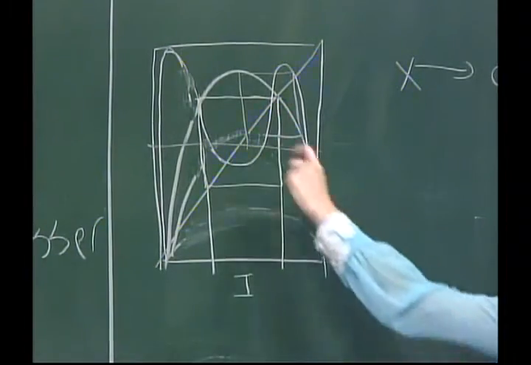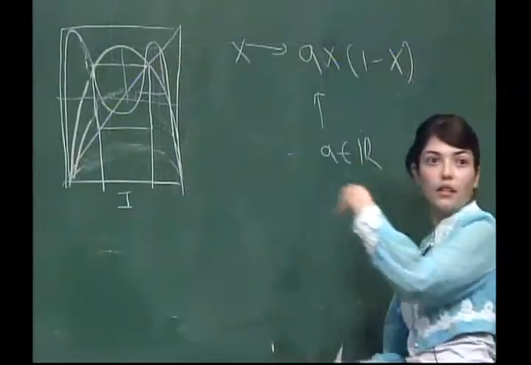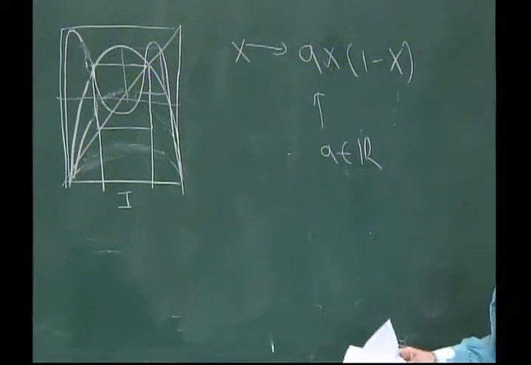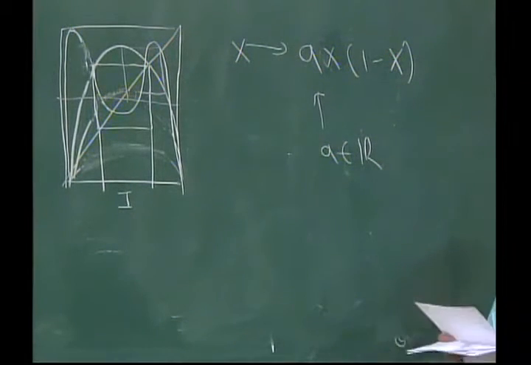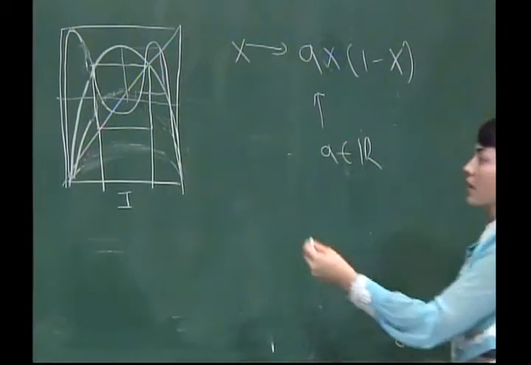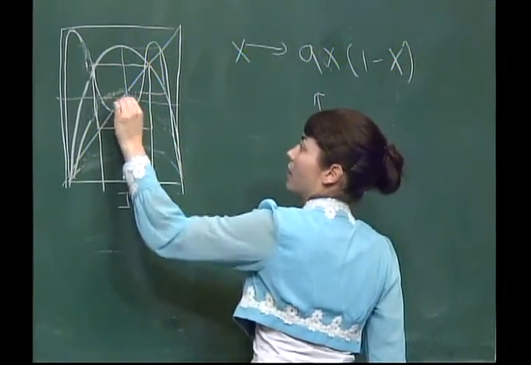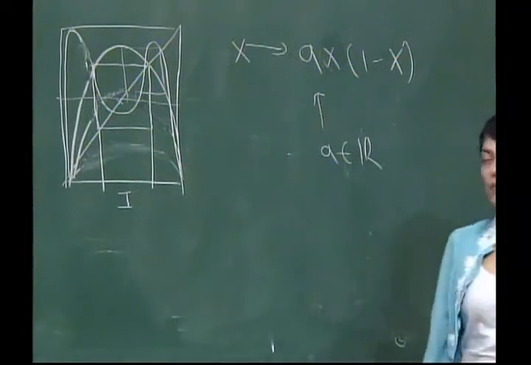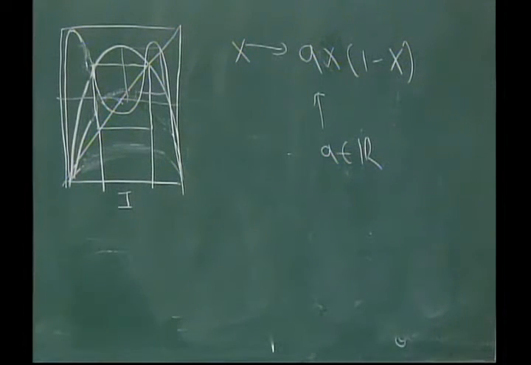So you could rescale these and get again something that looks like the original family. So what happens is they realize that there is a parameter here where the critical point is fixed, a period 2 periodic orbit.